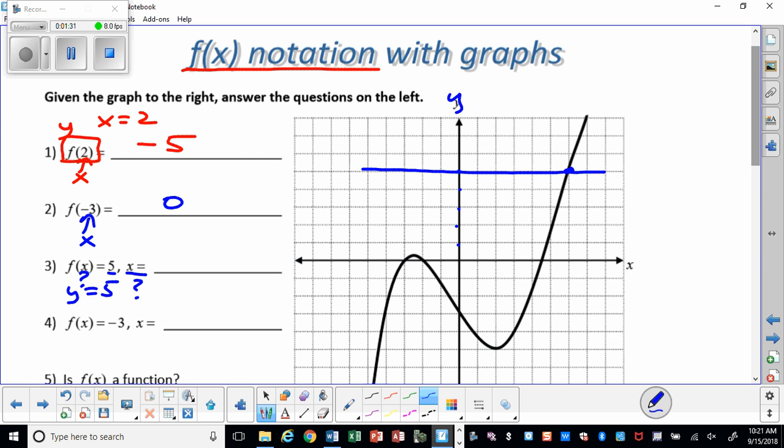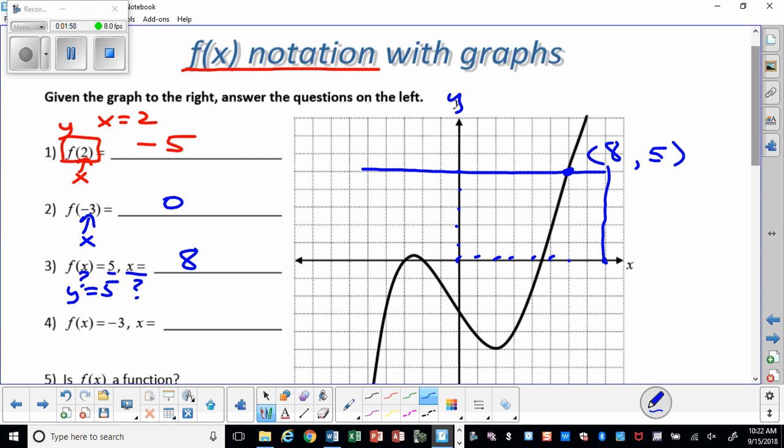Y is equal to 5, so that's this point right here. This has a y coordinate of 5, well, what's the x coordinate there? Well, let's see. If we go down to the x-axis, 1, 2, 3, 4, 5, 6, 7, 8. X was 8.